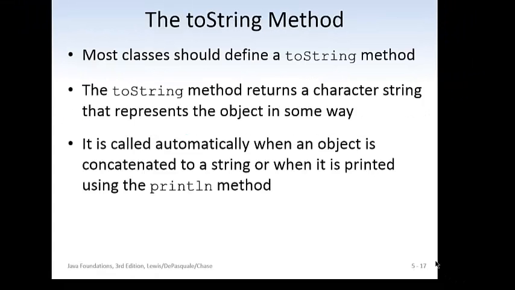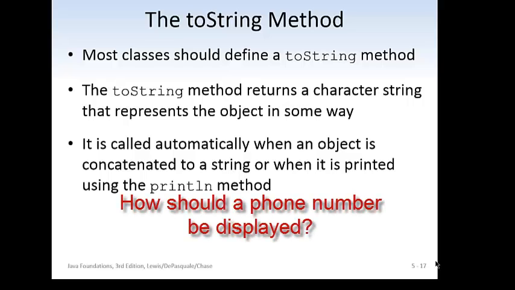More on that later. The toString method allows us to represent our object as a string. And we get to write this so that whatever way makes sense to display our object, we can do so. Now for a coin, really all we're interested in is its face value. So that's all that's going to really be represented by our toString method. But take a minute and think about, what would you want your phone number to look like if you had a phone number object?